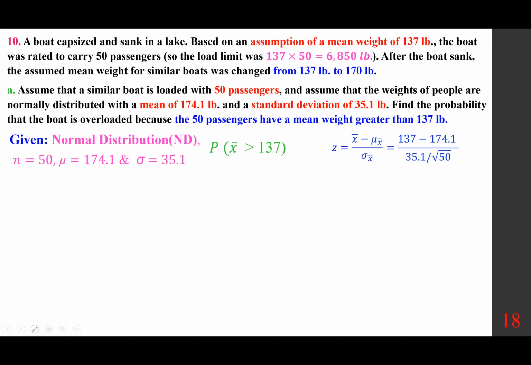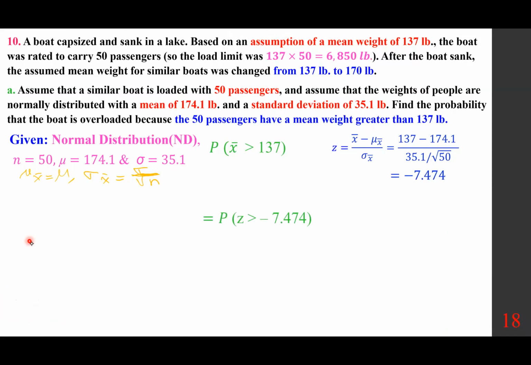So let me just quickly write this. Mu of X bar is mu, and sigma of X bar is sigma over square root of n. And when you do the math, you end up with negative 7.474.